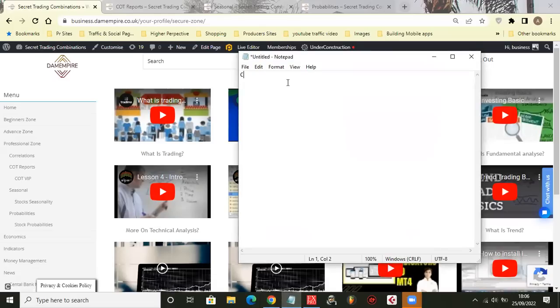We have three strategies: COT, seasonality, and volatility. For those that have been here before, you understand how we use these three tools. COT shows us exactly what the commercials are doing. These are people that don't make money out of speculating the market the way we do.